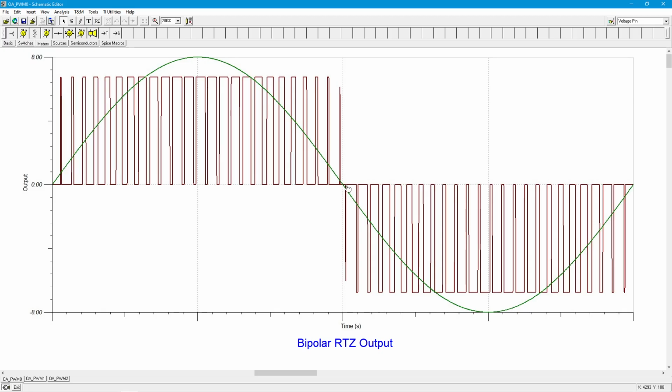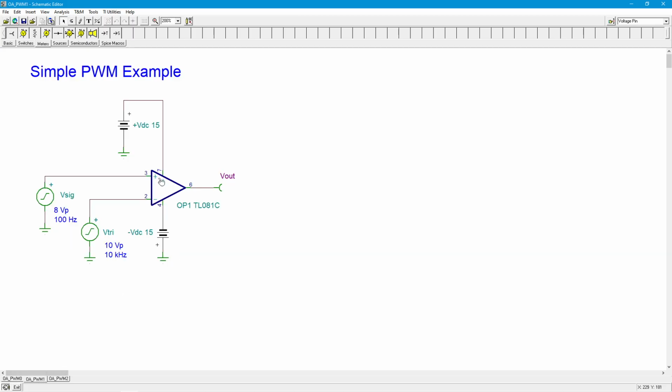Okay, so what about a circuit that actually does this? Well, the simplest way of doing this just uses an op-amp comparator. I'm just using a vanilla op-amp here instead of a proper comparator, just because it's easy. You can set this up in the lab and see it for yourself. So we have our input signal, which in this case is a sine wave.